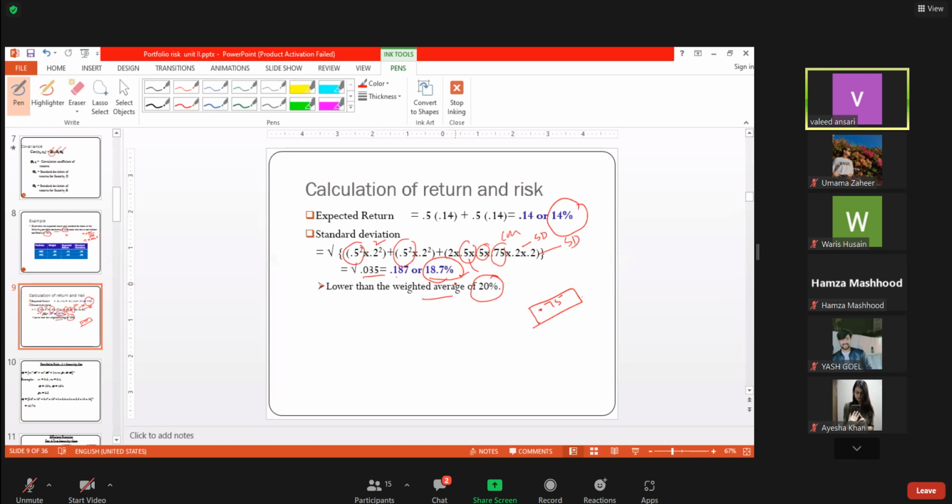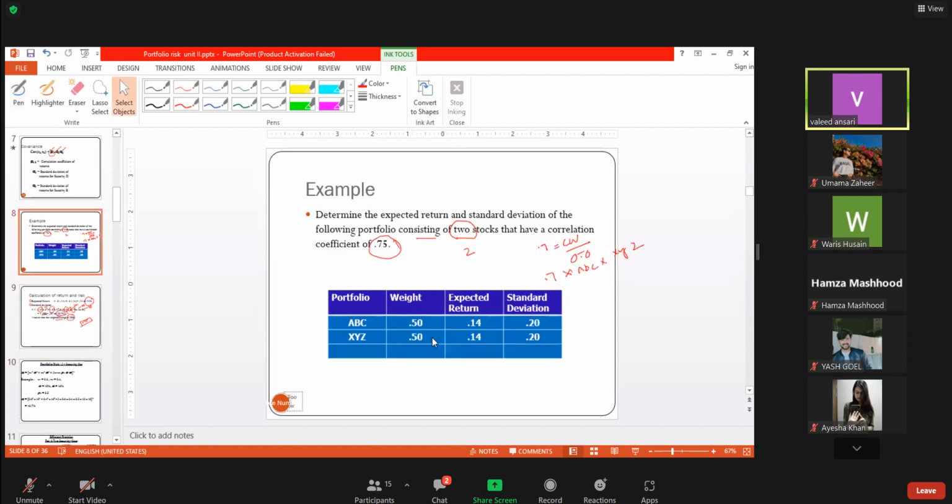Weighted average simply means, for instance, if you multiply 0.5 into 0.2 plus 0.5 into 0.2, it will become 10 and 10. It will be 20 simply.